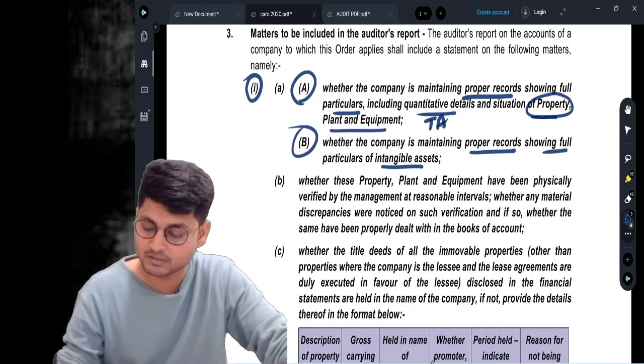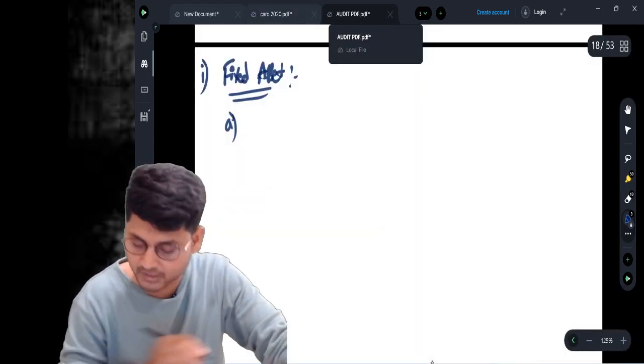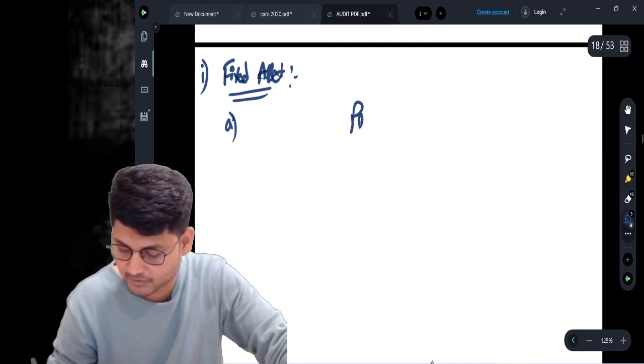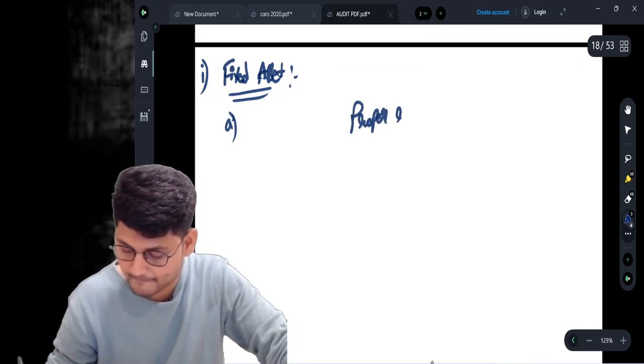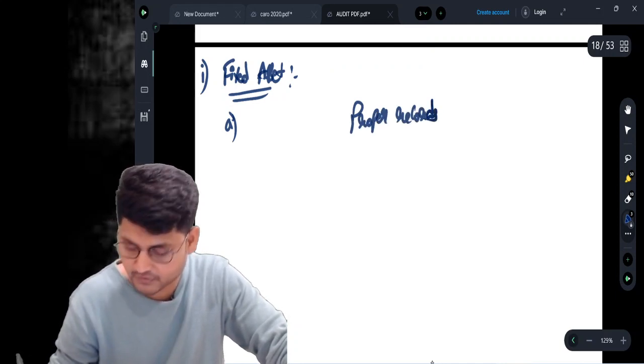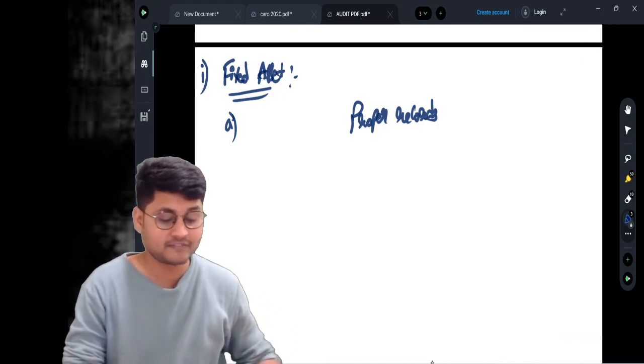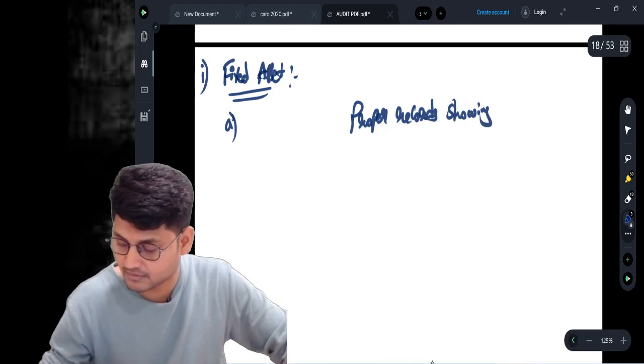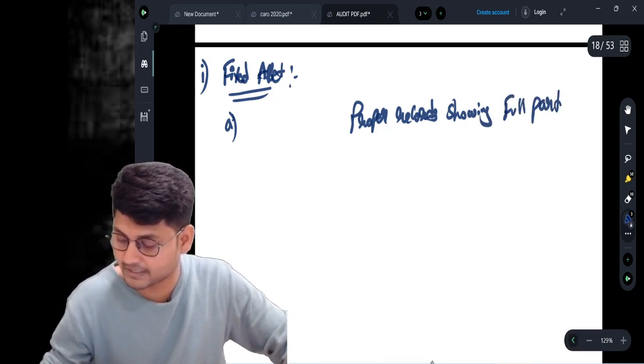Now let us write some notes for clause number A. It is divided into two parts. It is talking about proper records for the fixed assets showing full particulars.